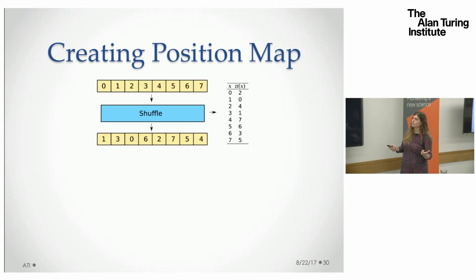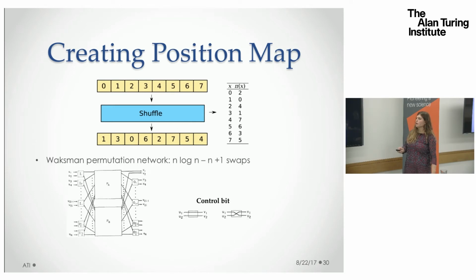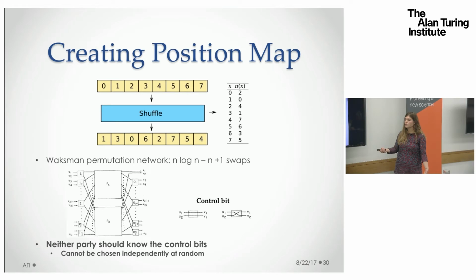So in particular, if you want to shuffle an array, if you want to generate a random permutation between the two parties, one approach is to use this Waksman permutation network, which is usually the fast way to implement shuffles in MPC. But when you want to share this, what you need to share is these control bits. But sharing just the control bits doesn't really give you a good way to share the permutation. So trying to go inside a particular permutation description and figure out how to share it between two parties doesn't seem like a good idea.